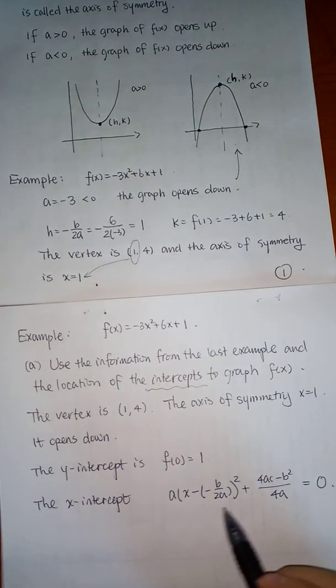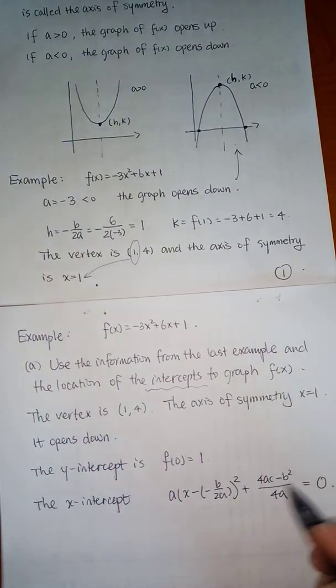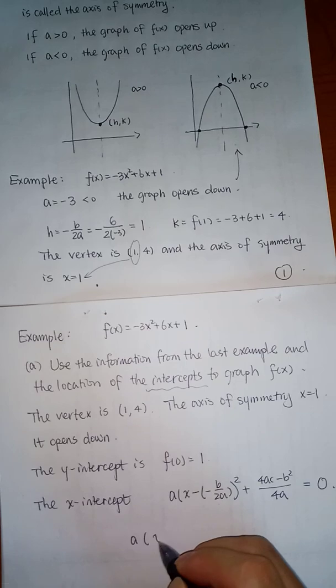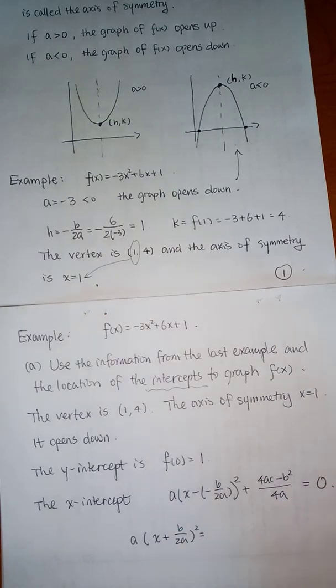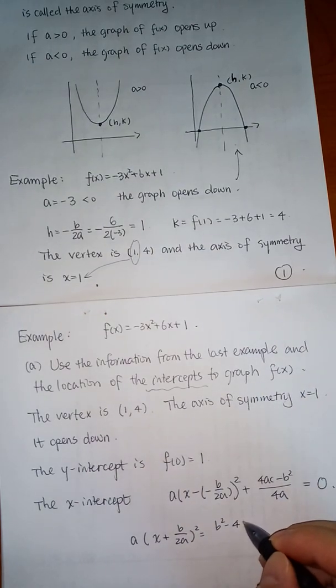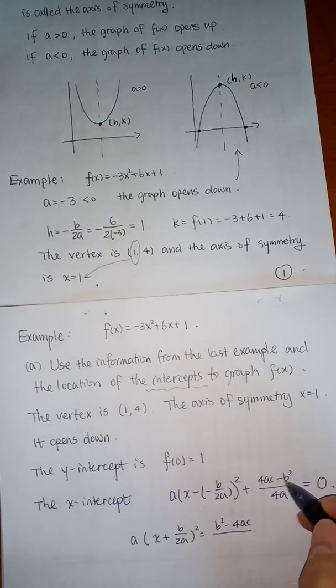Remember that this is h, this is k. You move this term to the right side, b squared minus 4ac, you get a negative sign, and the negative sign will exchange the order.